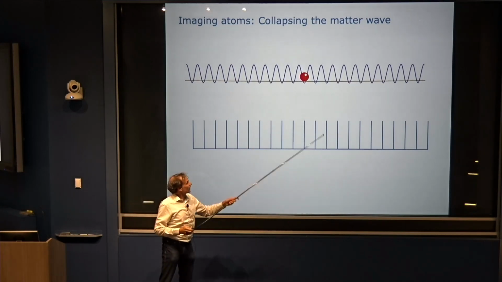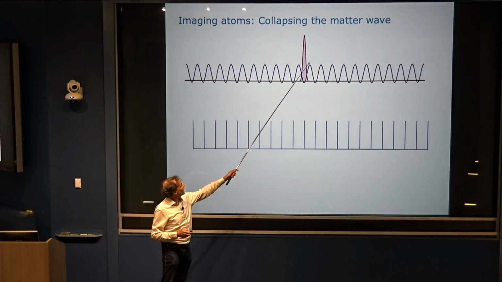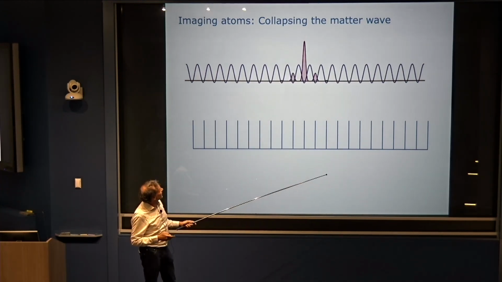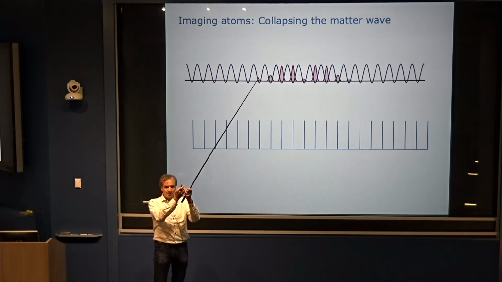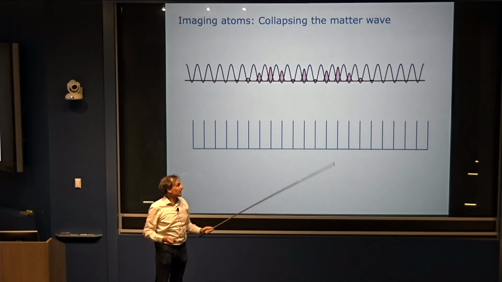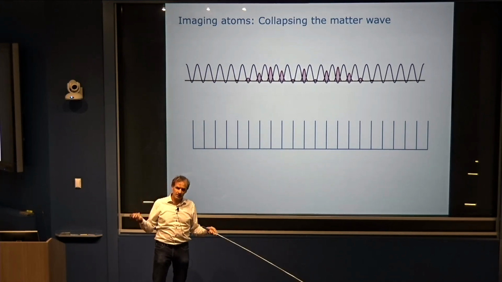Let's put an atom on a site. This corresponds to a little wave packet that is located on this site. And if I then turn on the tunneling, this wave packet, this matter wave, will spread out in the optical lattice. And remember, the matter wave tells me the probability to find a particle somewhere.